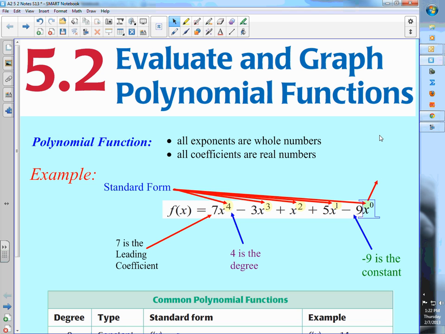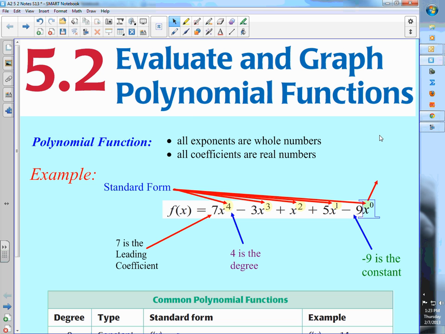All your coefficients have to be real numbers. Now, for the most part, until last chapter, everything you could think of practically was real. What isn't a real number? Yeah, be specific. What is that? It's not irrational.